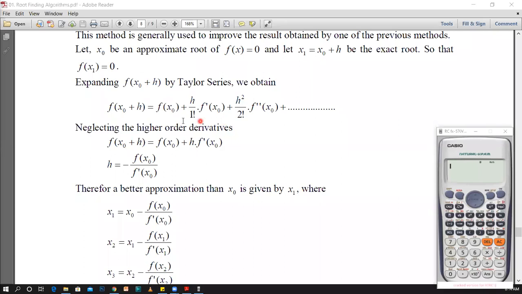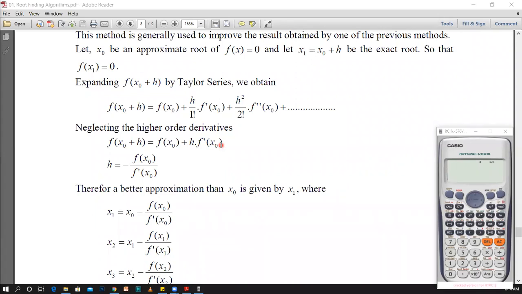Therefore, we have f(x naught plus h) as f(x naught) plus h times f dash x naught, because the factorial 1 gives you the value 1, so h divided by 1 just remains as h. Therefore, f(x naught plus h) equals f(x naught) plus h times f dash x naught.